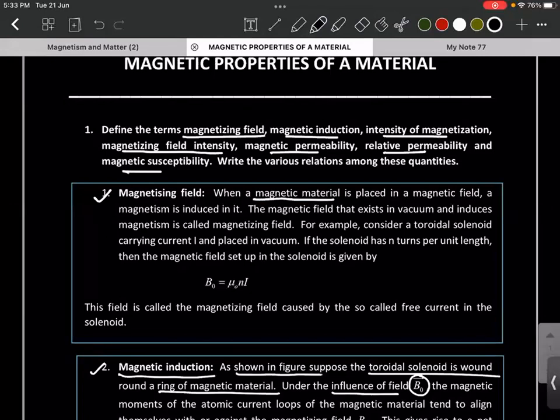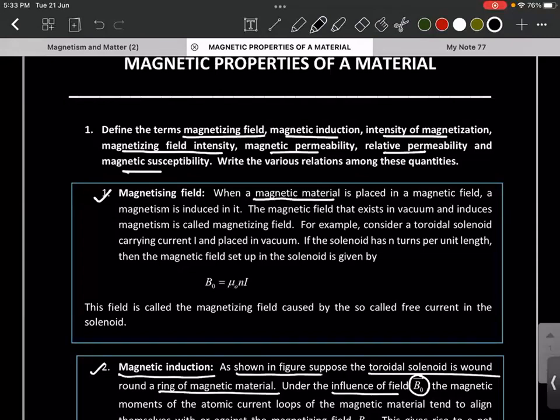So when you take a magnetic material and place it in the presence of an external magnetic field, what would have happened is, if this is a magnet, for example, let's say this is the North Pole and this is the South Pole. Then the magnetic field would be from north to south outside the magnet, and inside it would be from south to north. If I take this rod and keep it in the presence of the magnetic field of this bigger magnet, then the steel rod will start acquiring some magnetic properties.